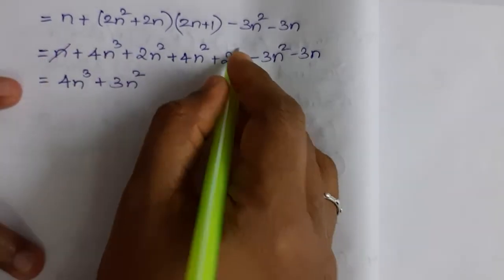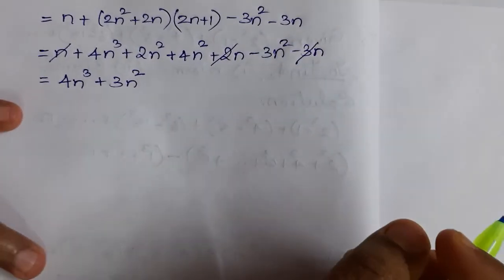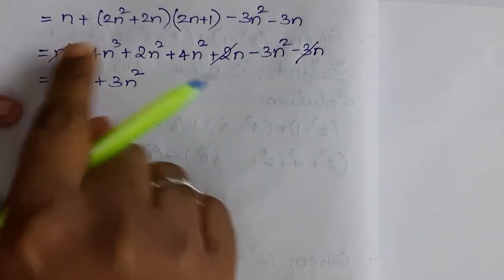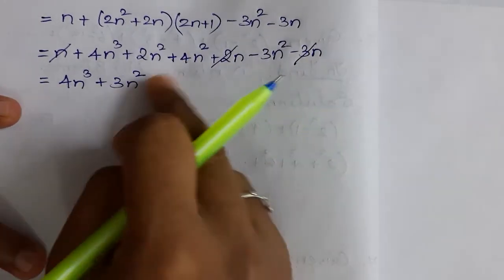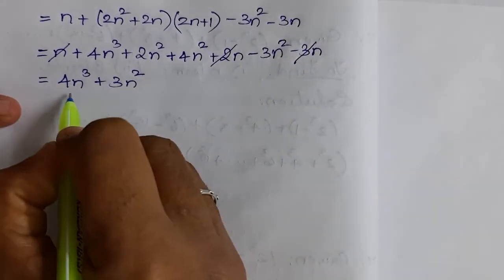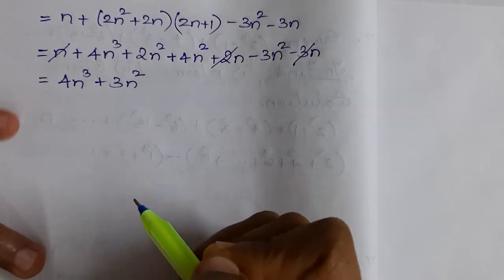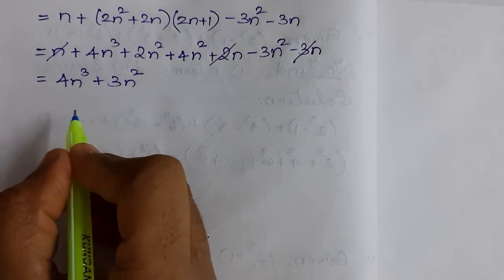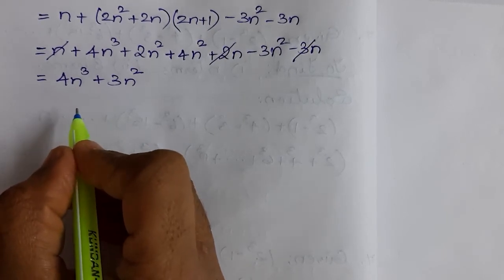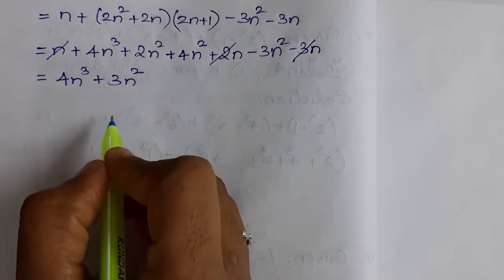So these 3 terms get cancelled. We have finally 4n cube plus 3n squared. So this is the equation for the sum up to n terms.